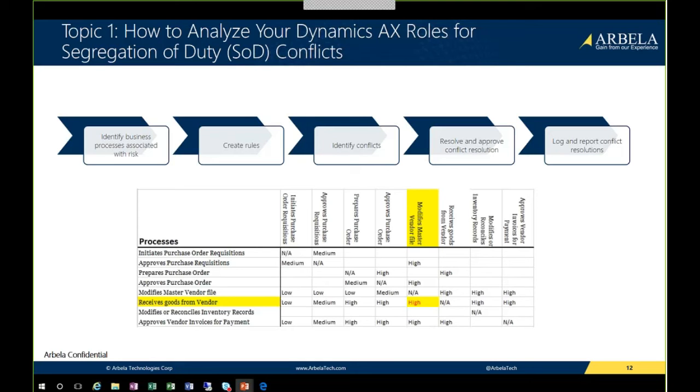The next step after identifying the conflicts is that we attempt a resolution. This is where we put the ball in your court, right? We work with you to identify, if it's not already identified with IT controls documented, how you intend to resolve this from a standard perspective. What are your standard approaches to resolve conflicts of segregation of duty? And also, where are the outliers?